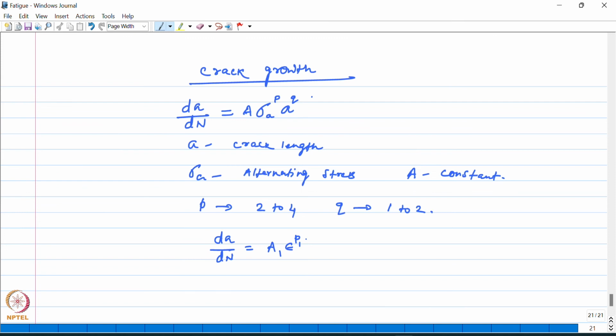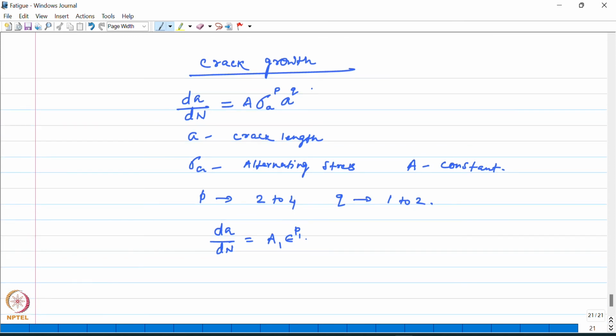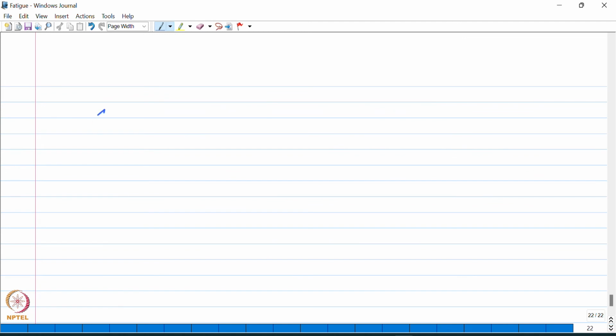But the most common way of expressing crack growth in fatigue is through a plot between stress intensity range delta K and dA by dN.